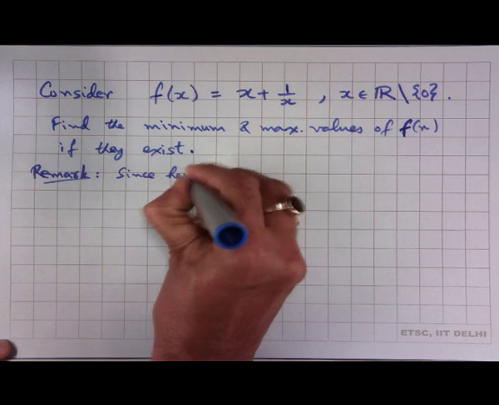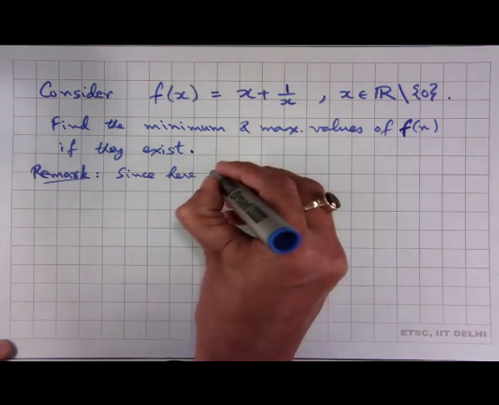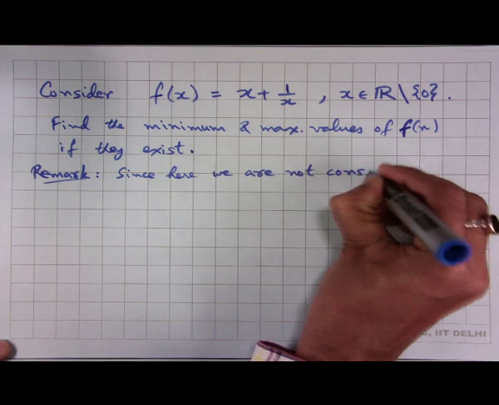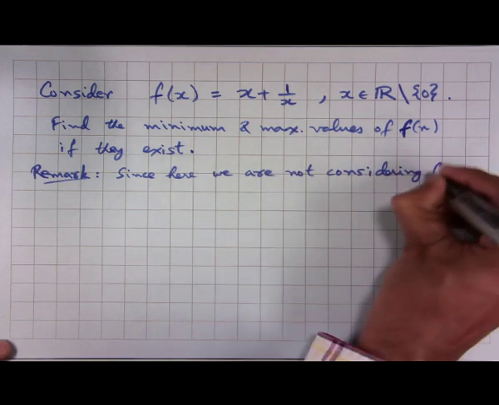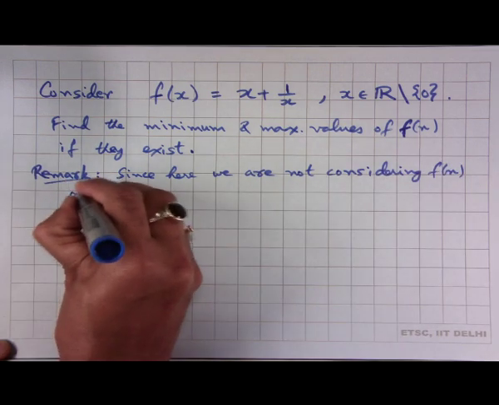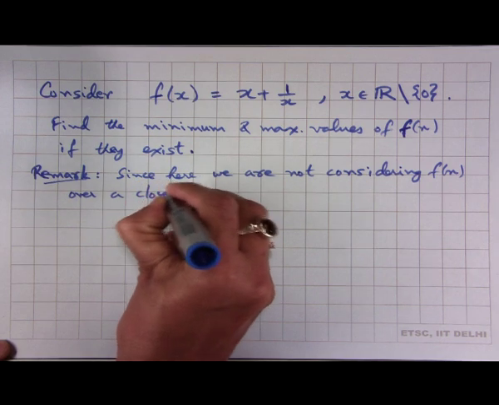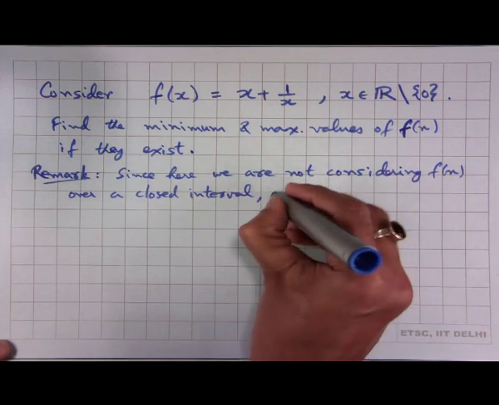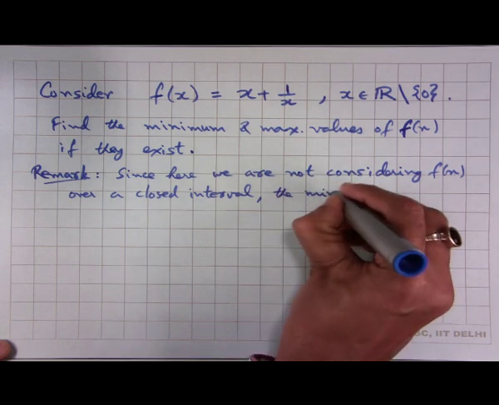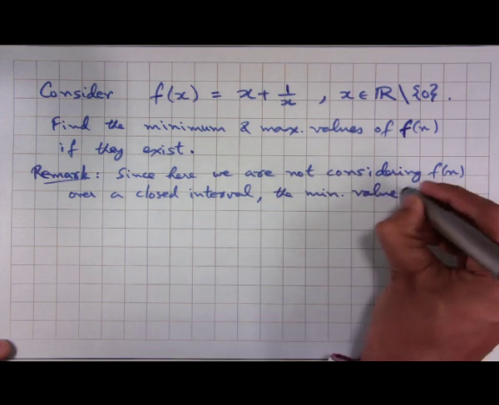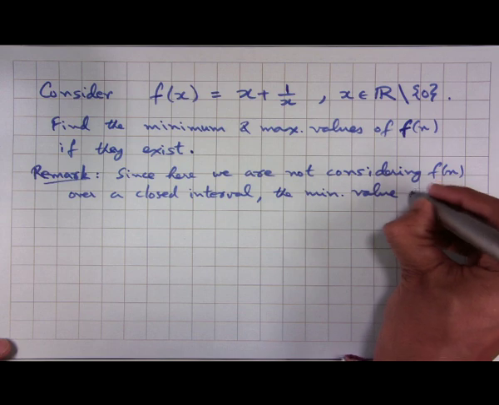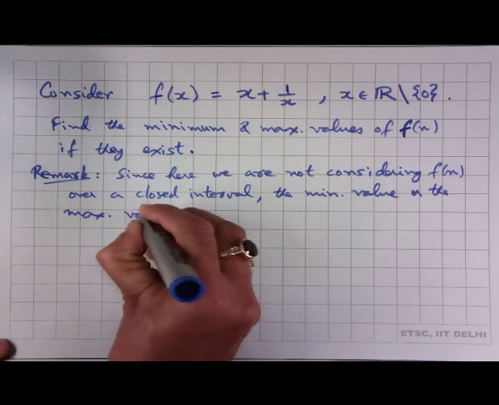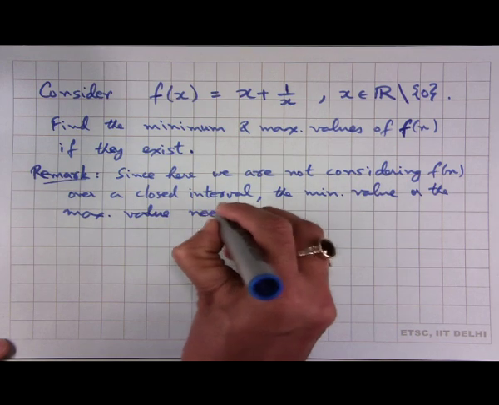Since here we are not considering f of x over a closed interval, the minimum value or the maximum value need not exist.